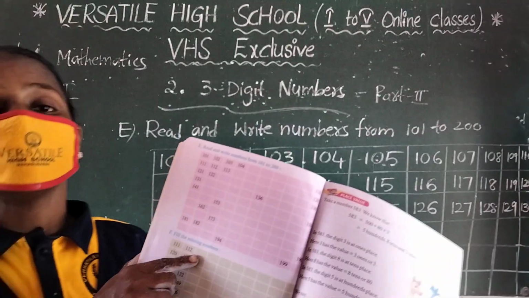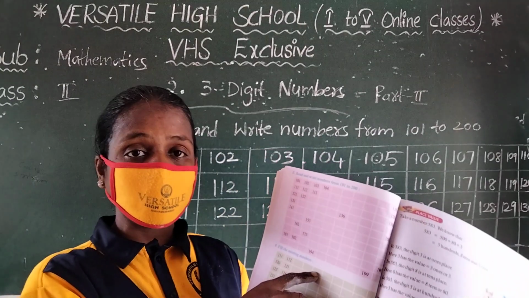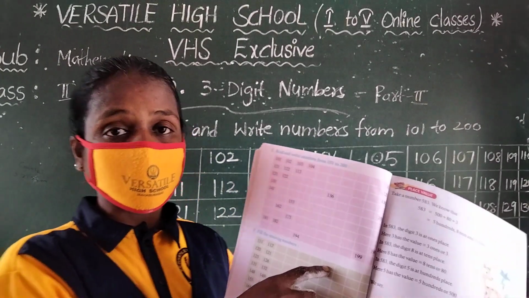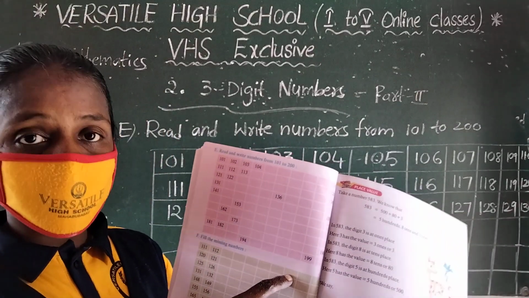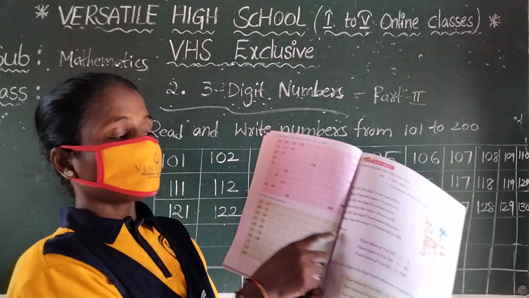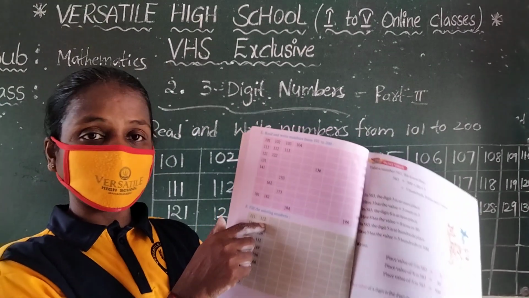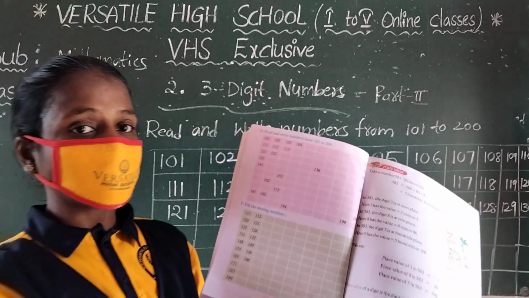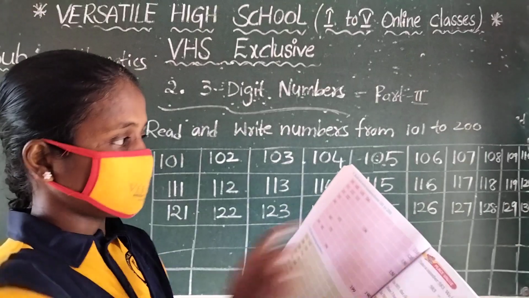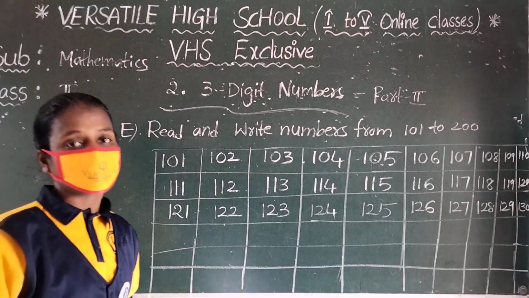Next, what do you write? 113, 114, 115, 116, 117, 118, 119, 120 is given here. 121 is already given. What do you write as the next number? 122. You just fill the E and F bits. This is the homework for you.